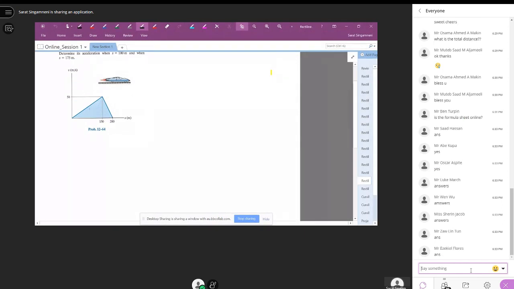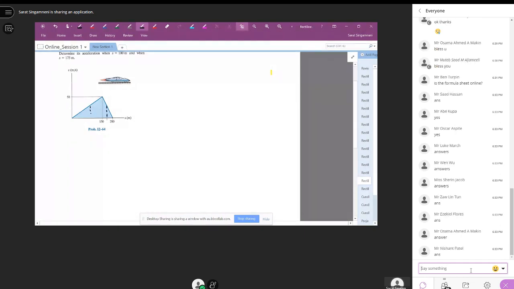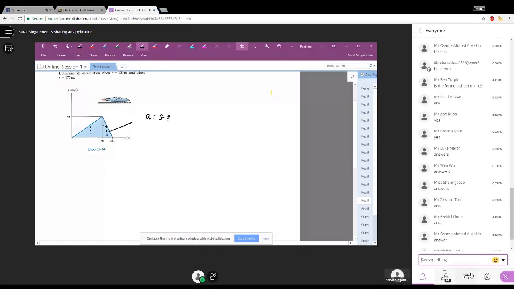So take the first part and write the equation, and the second part, put it like this, and then write the equation. Just in case, for the second part, the acceleration equation here will be a equal to s minus 2000.